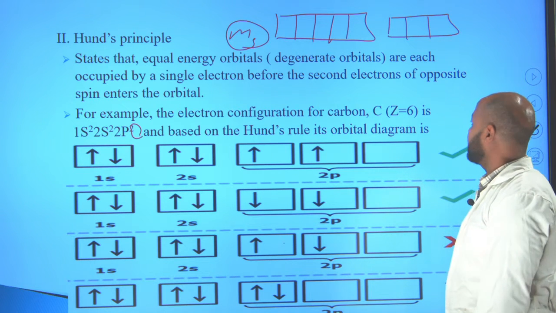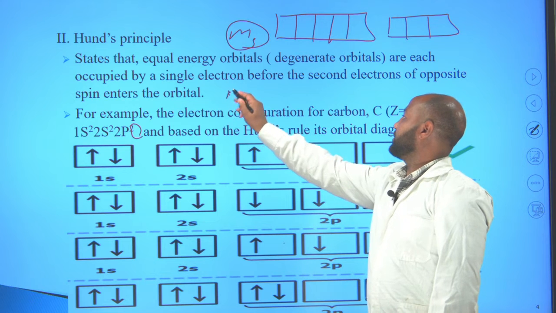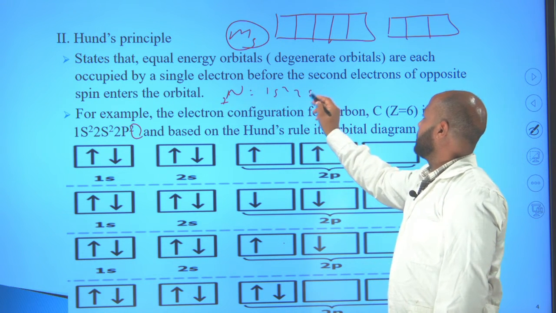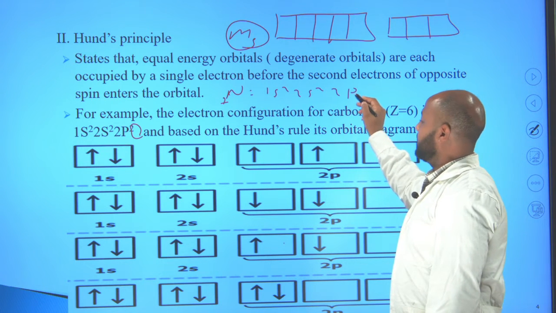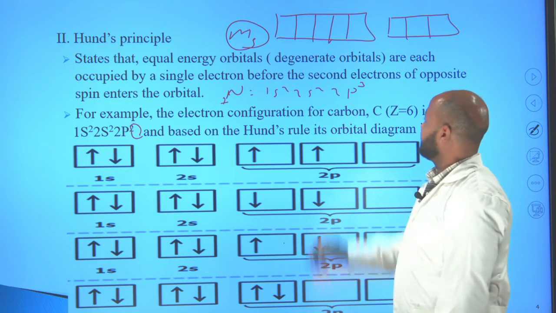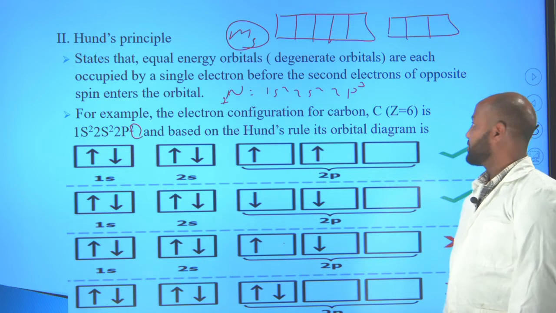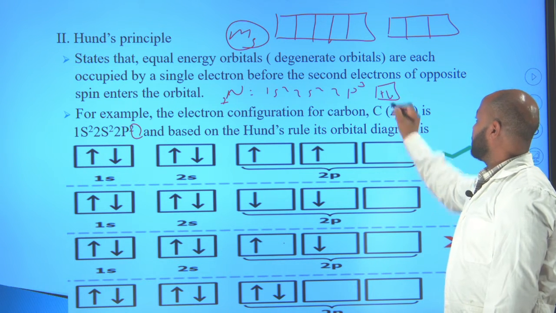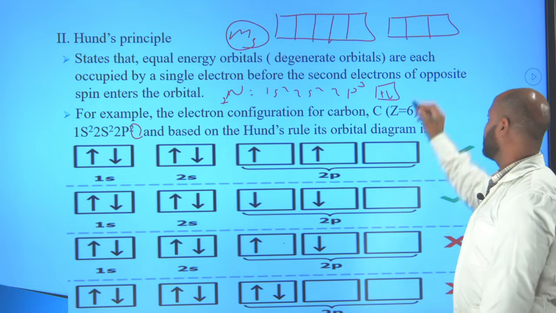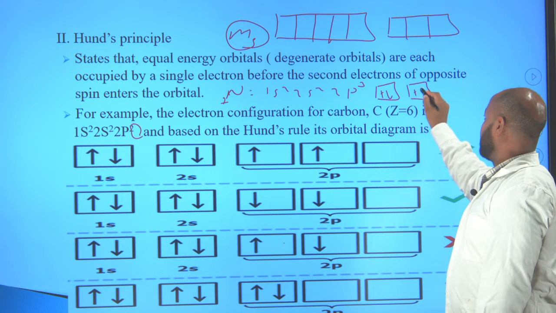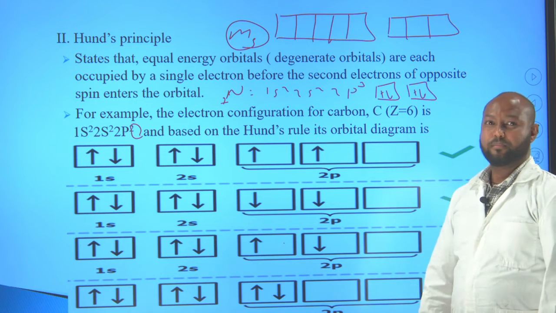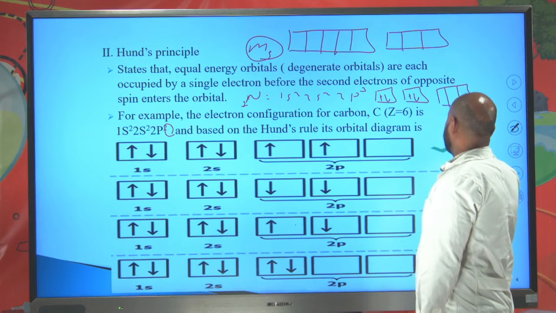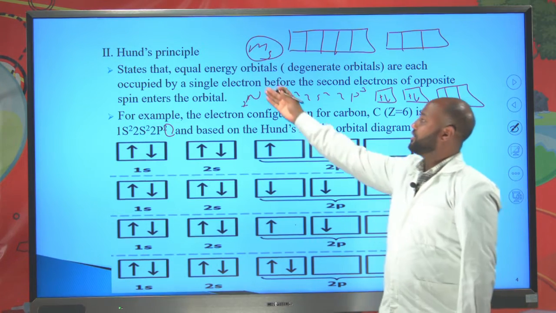Let me give you another example. Nitrogen with atomic number 7, electron configuration 1s2, 2s2, 2p3. So 1s2, 2 electrons in the s orbital, 2s2, but at 2p we have to remember Hund's rule.